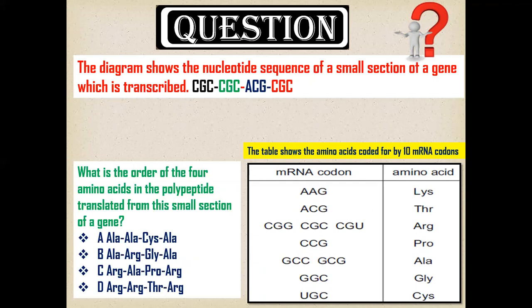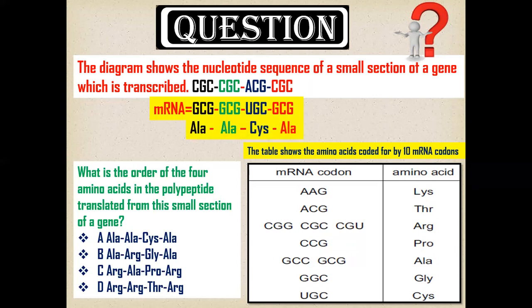Now, I converted, and this is the codon sequence into triplet codons, and each triplet codon will produce the opposite sequence on messenger RNA. For example, cytosine, guanine, cytosine, like the example we studied before, is opposite to guanine, cytosine, guanine. So you are supposed to convert to the messenger RNA sequence, and then match it from the table.